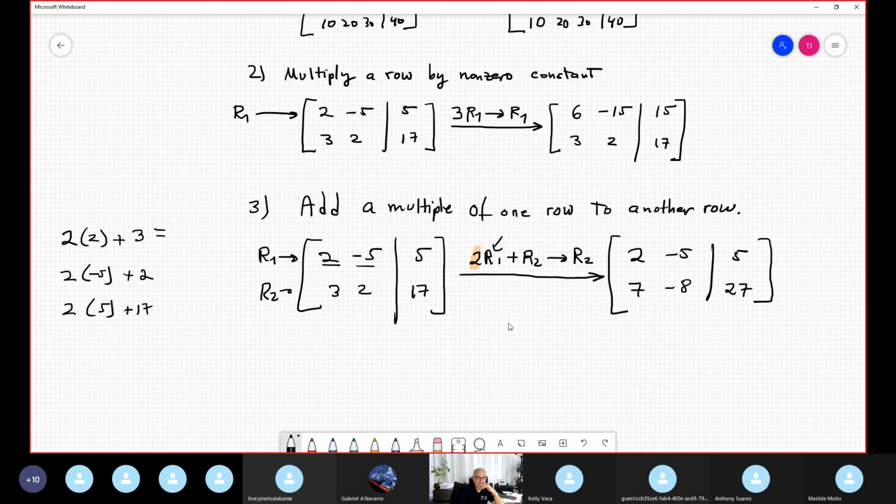Let me see. 2 times 2 is 4, plus 3 is 7. This 7 is this. And this new information that you compute, you store and locate in the new row. This is the new, this is the old. Then negative 10 plus 2 is negative 8, and this is 10 plus 17, 27. Got it now? You understand now or no?